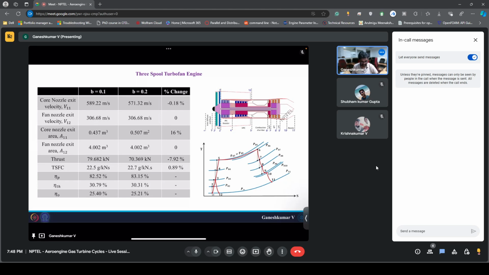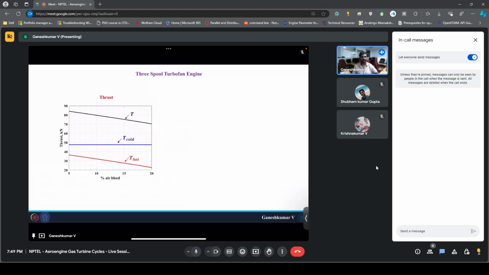Okay. So let's take one step further and evaluate how this thrust varies for different air bleed ratios. As we discussed till now, I tried to repeat this calculation from 5 to 20%. We did 10% in lectures, we did 20% in this session, and I tried to do the calculation from 5 to 20 in variable steps, and this is how your thrust profile looks.